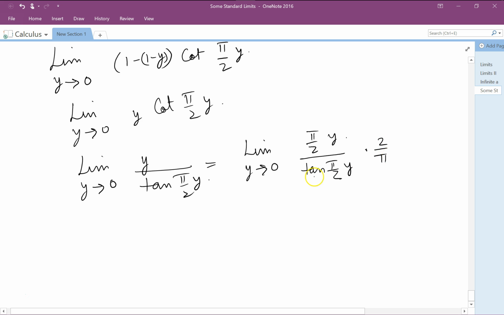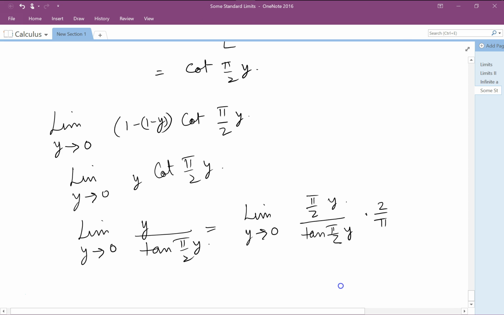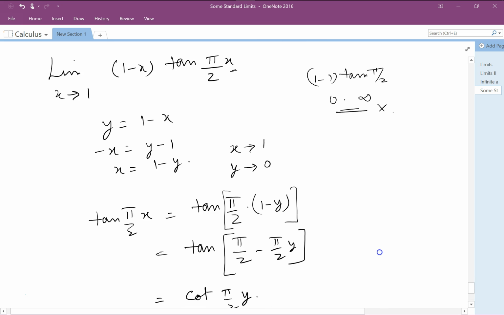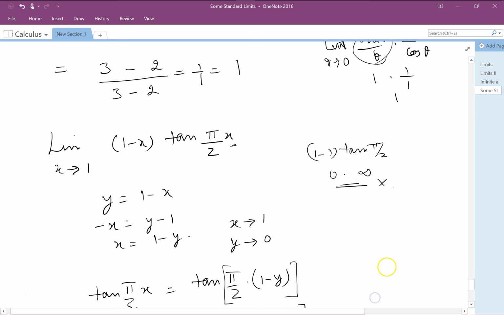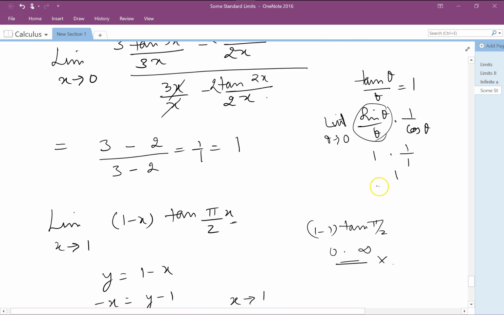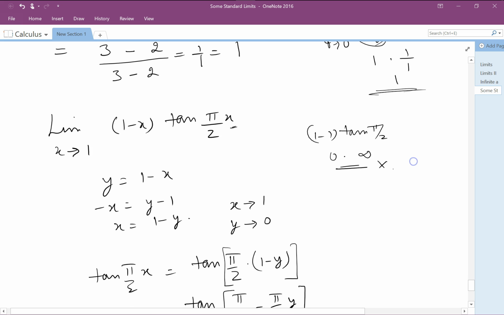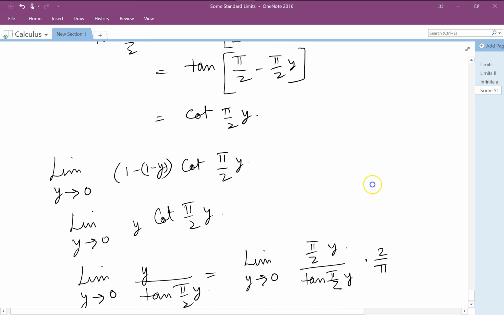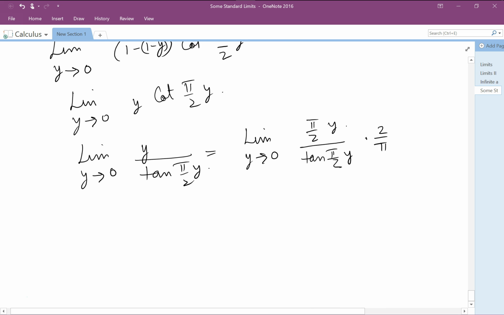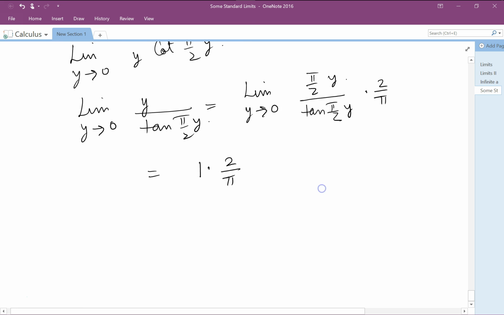Now this is nothing but the above limit. Remember tan theta by theta? Where is it? Here. Here it is reciprocal. So reciprocal of 1 is 1. So when we take the limit, okay, so the limit is 2 by pi.